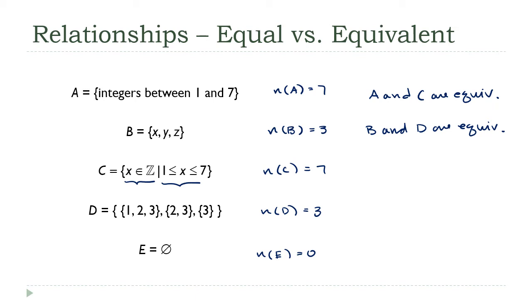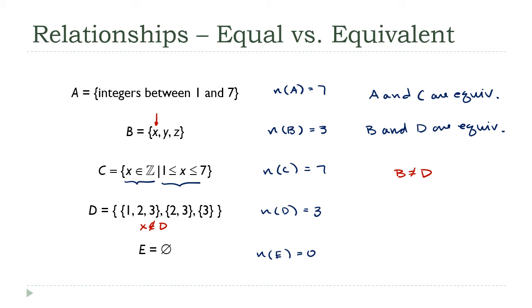So let's look at B and D. Are these 2 equal? Well, if I look at B, x is an element of B, but x is not in D, right? So B and D are not equal because while they have the same size, they're made up of different elements. All right, so how about A and C?